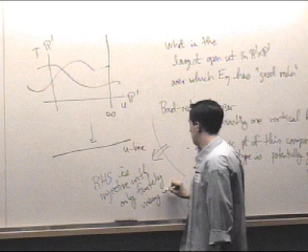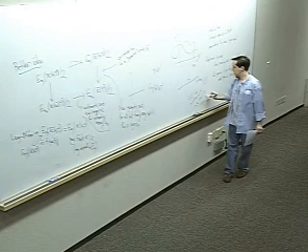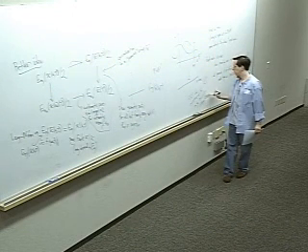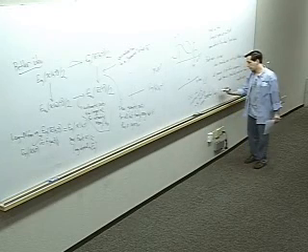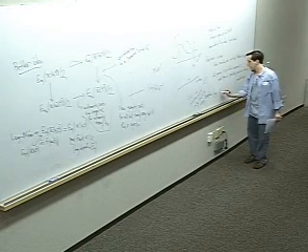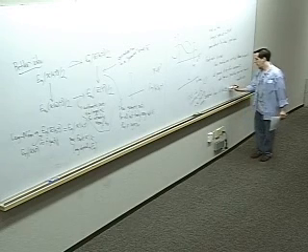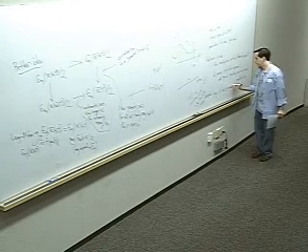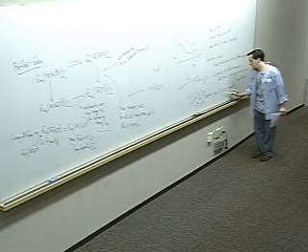And I will tell you the key that makes it work is that in positive characteristic, the affine line has no unramified covers that are tame at infinity.